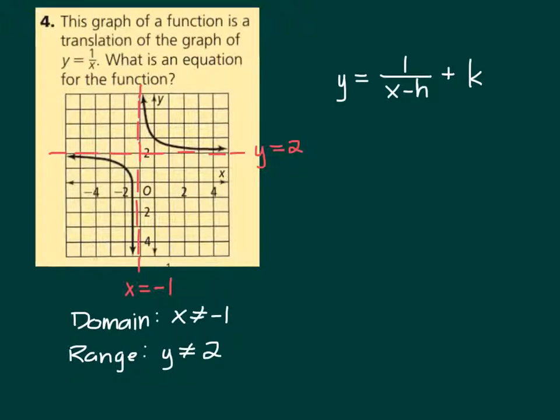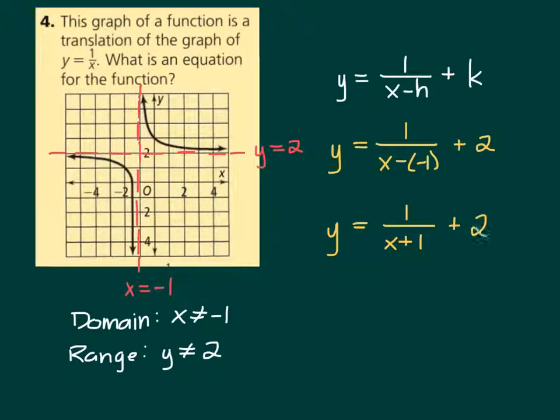1 over x plus h plus 2. Right, so 1 over x minus negative 1 plus 2, which simplifies to 1 over x plus 1 plus 2. Reason being, if you remember the first one we graphed, the 128 over x, the asymptotes there were the x and the y axes.